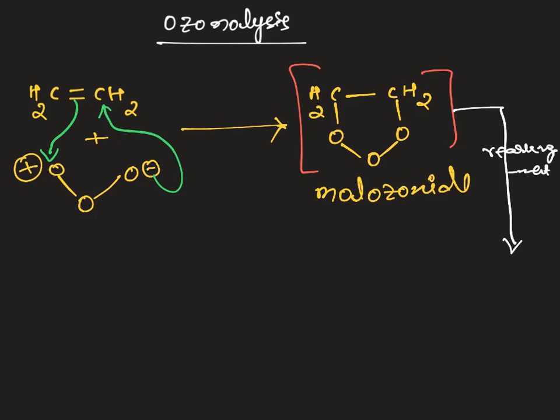Rearrangement gives ozonide. How will the rearrangement take place? The carbon single bond is broken, which is given to oxygen, forming C double bond O. So here I am writing C double bond O, hydrogen. This is the part I have taken.